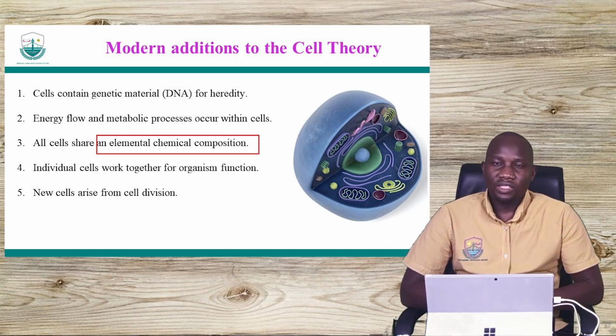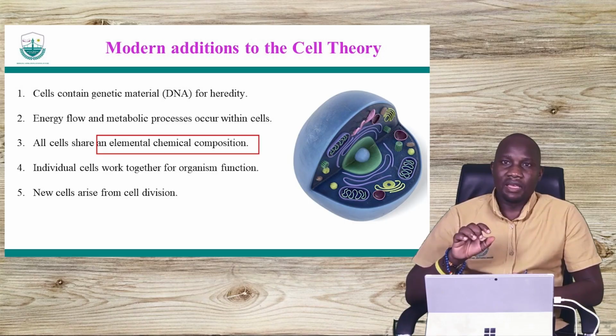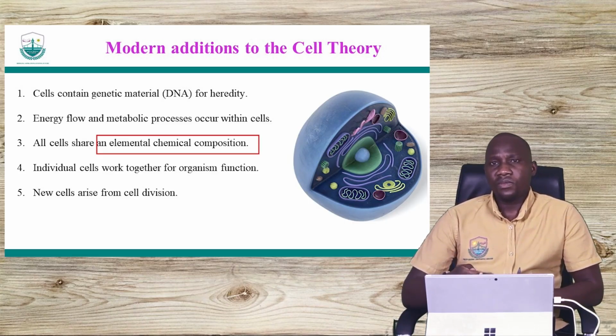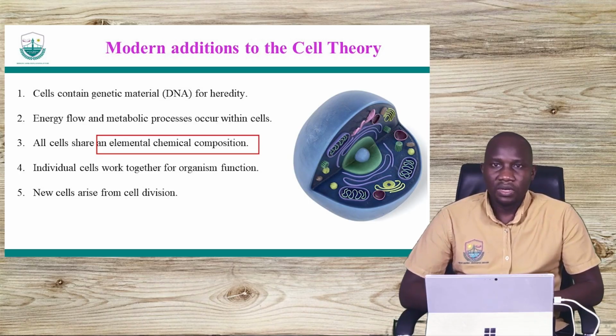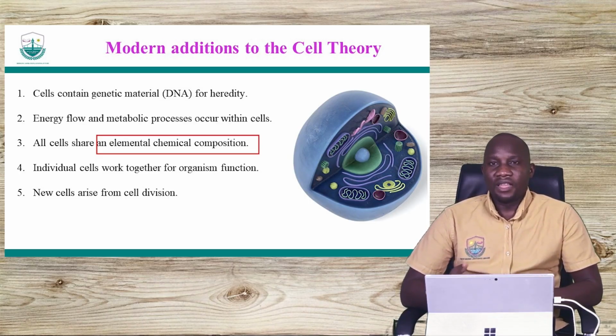If you have an organism that has more than one cell, the ones we term multicellular organisms, the cells that make up this multicellular organism actually work together. They don't work in isolation. That is something to note. For example, muscle cells are concerned with bringing about contraction and relaxation, and therefore enabling movement.